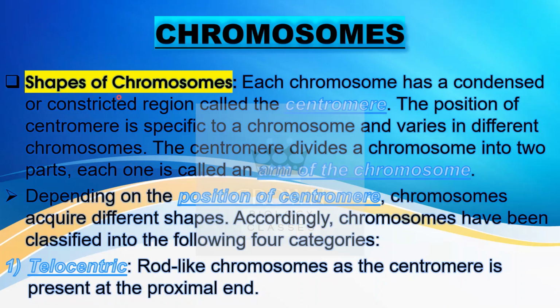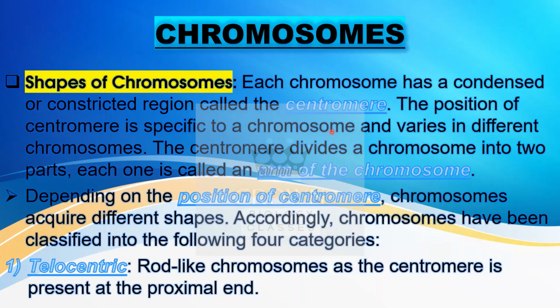Now I will discuss the shapes of chromosomes. Each chromosome has a condensed or constricted region called the centromere. So there is a specific position on the chromosome which is condensed or constricted. That specific position is termed as centromere. The position of centromere is specific to a chromosome.